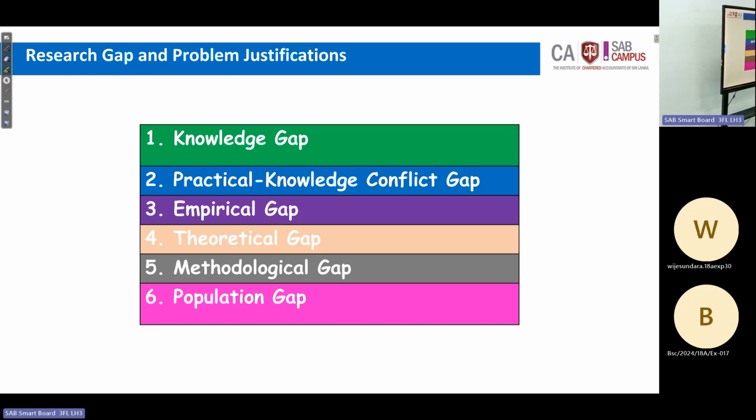Why? The problem may be derived from the research gaps. If there is a lack in the research theory, what is it? It's the problem. Even if you have to identify the government intervention, it has not been identified. What is it? It's a problem.